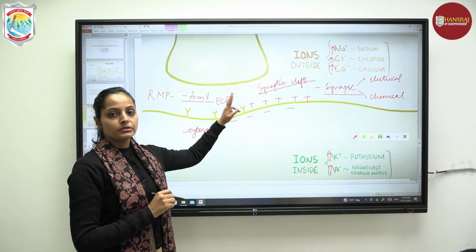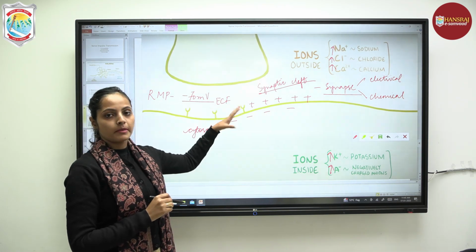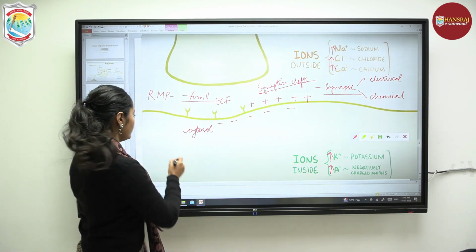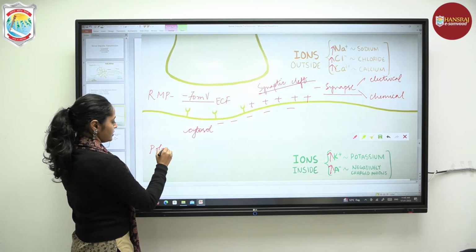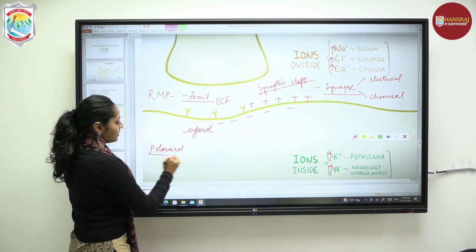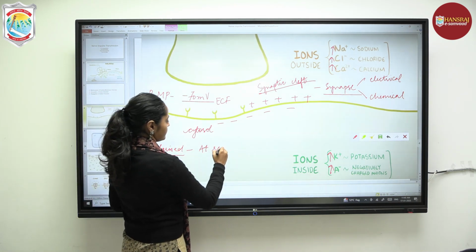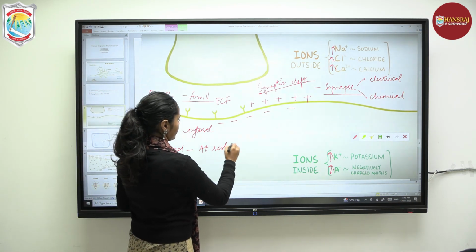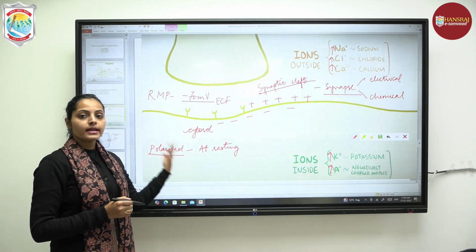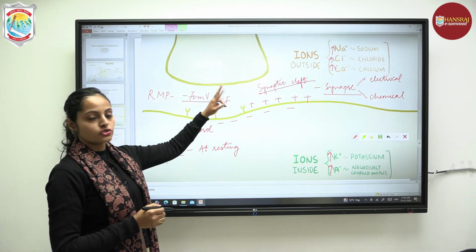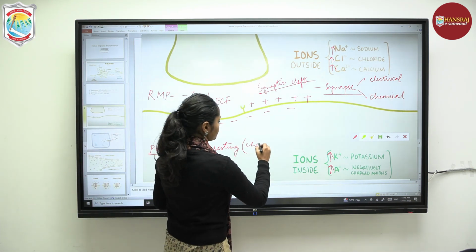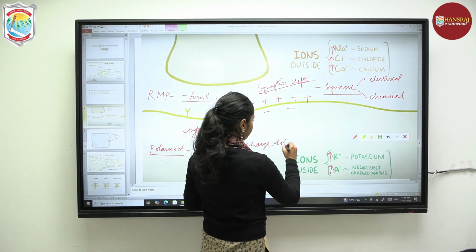And there is a difference in potential across the membrane and the membrane is said to be polarized. So at resting state, membrane is polarized. Why is it polarized? Because there is a charge difference across the membrane.